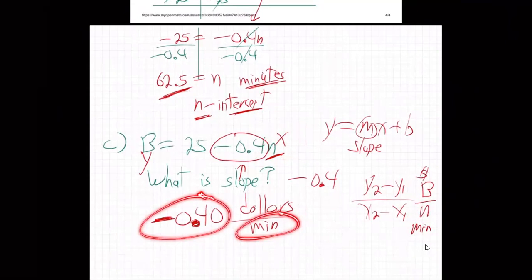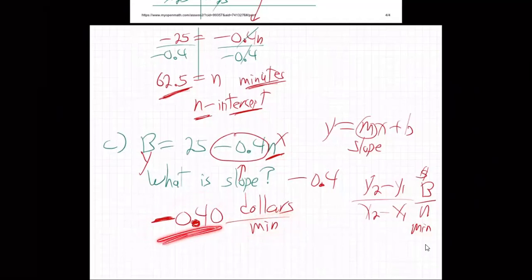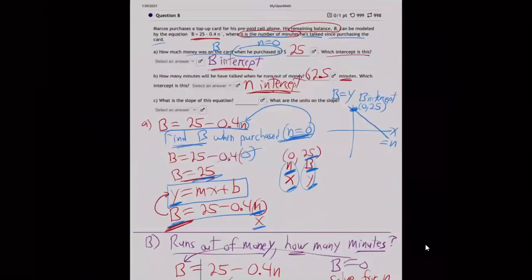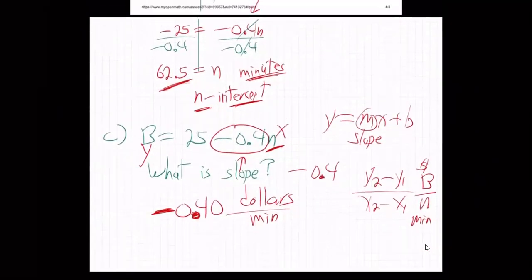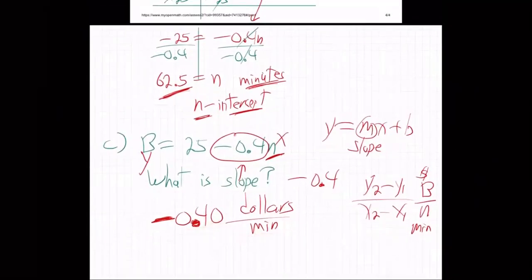He's being charged 40 cents per minute as he talks, because the balance is going down $0.40 per minute. So there's the slope and there's the units on it.